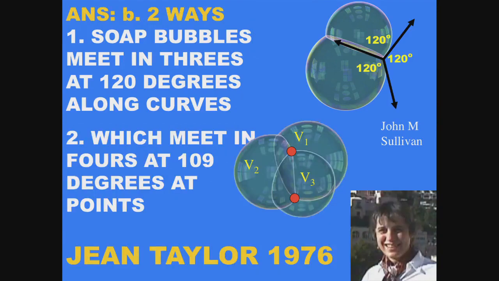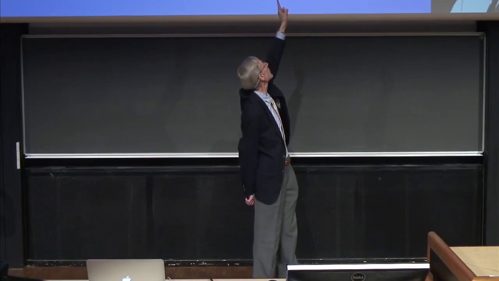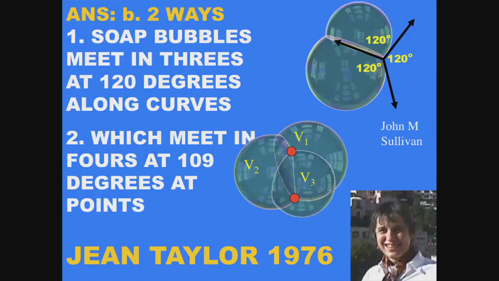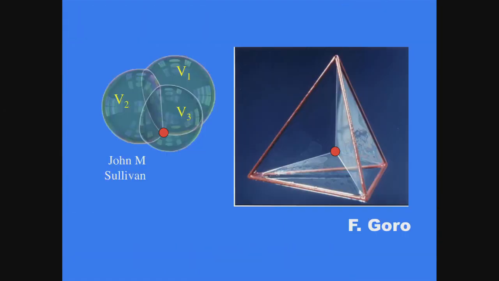So here was this result of Jean Taylor's, and this interesting singularity in red there, especially the one at the bottom where you see the 4 curves. Let's take a closer look at that. If you look at that under a microscope, the 4 curves would look like straight lines, like the lines going from the center of the tetrahedron out to the 4 vertices at angles of about 109 degrees.